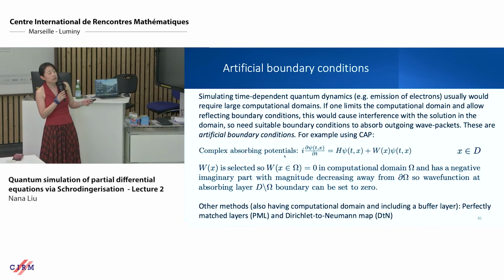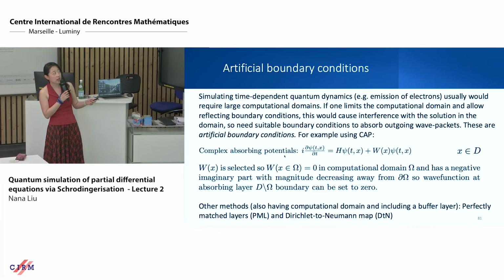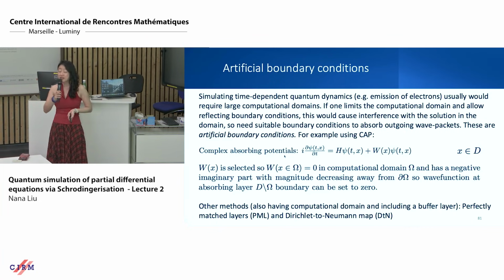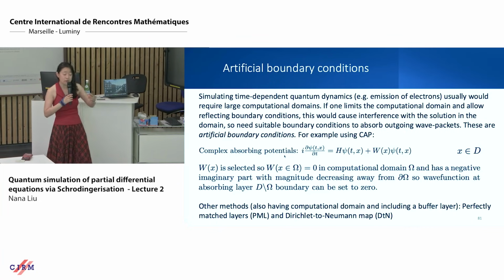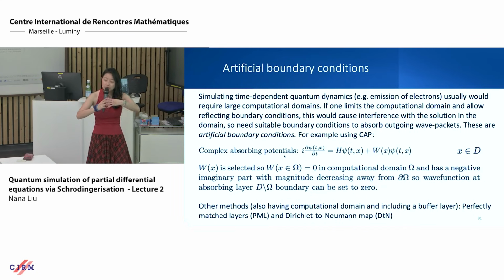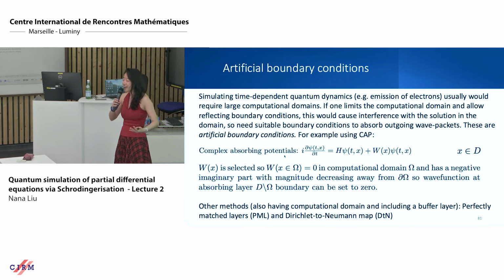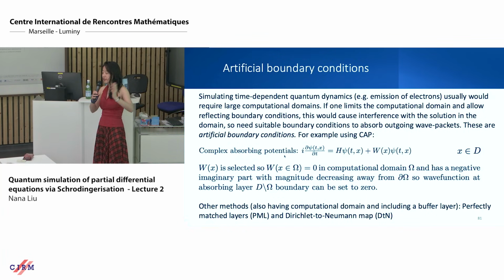For example, how do we deal with artificial boundary conditions? Say you want to simulate Schrodinger's equation, but we don't have infinite space on our computer. So we do have to put finite boundaries in. But the problem with putting finite boundaries in is that Schrodinger's equation is about waves, and waves reflect, right?